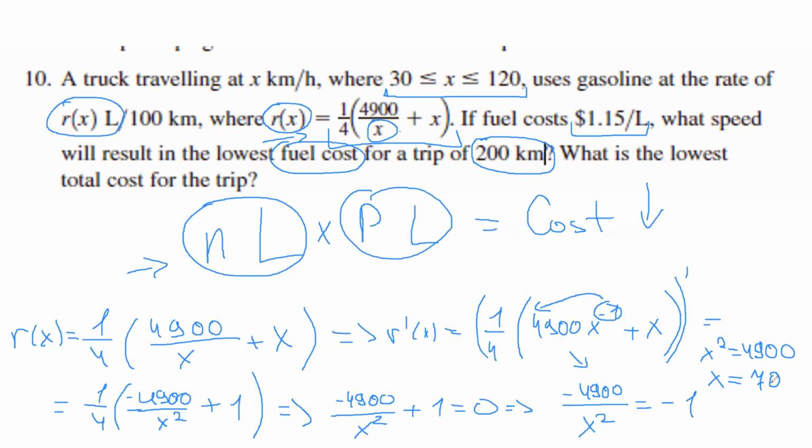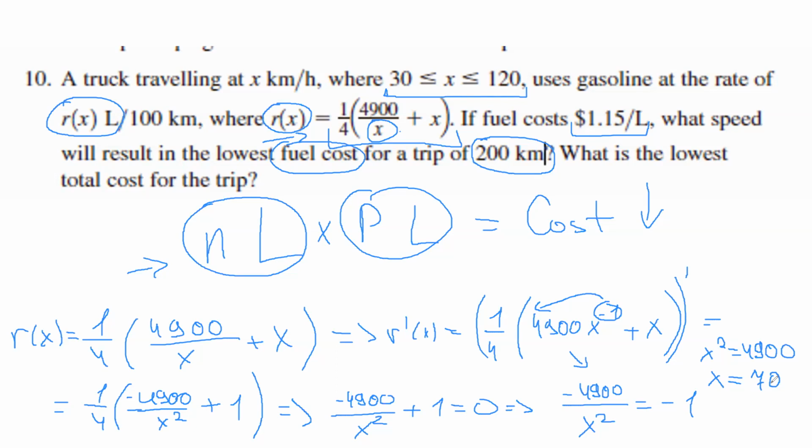Why didn't we use 200 kilometers? I don't know. Because what is the lowest total cost for the trip?